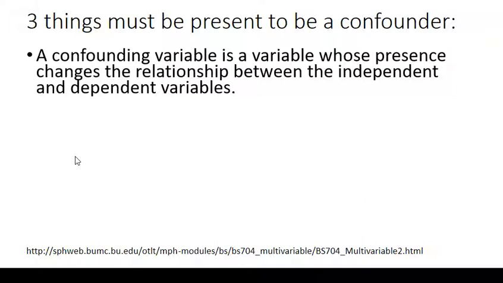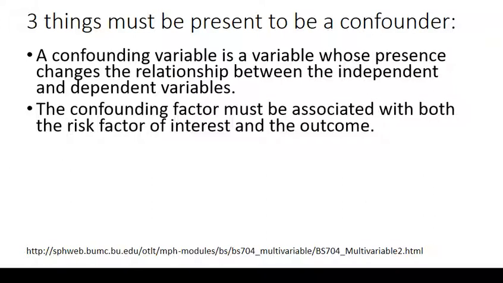They could change the relationship between obesity and CHD, because those are other risk factors for coronary heart disease. So you want to make sure that if you do have these other variables, they're evenly distributed amongst your experiment and control groups.